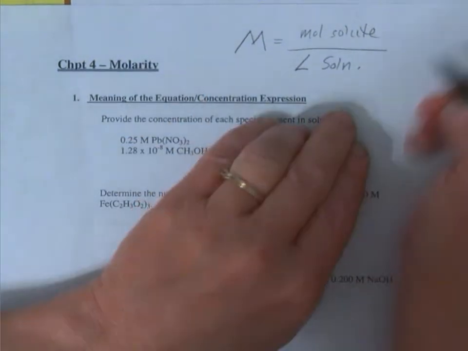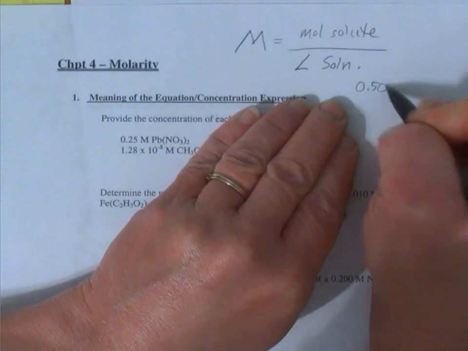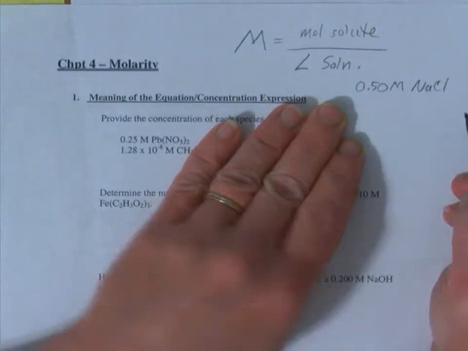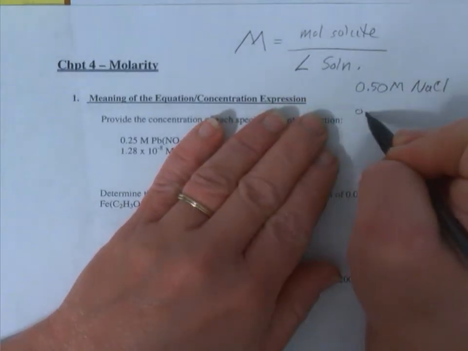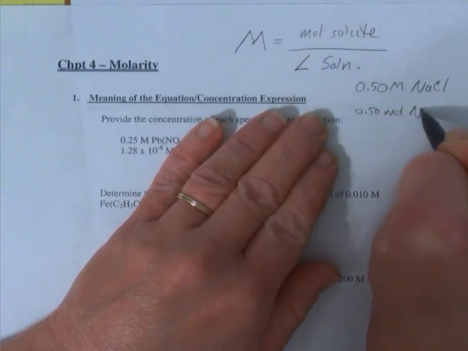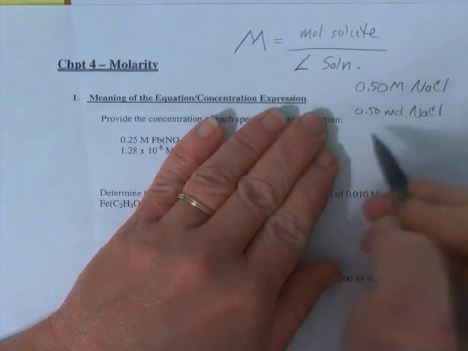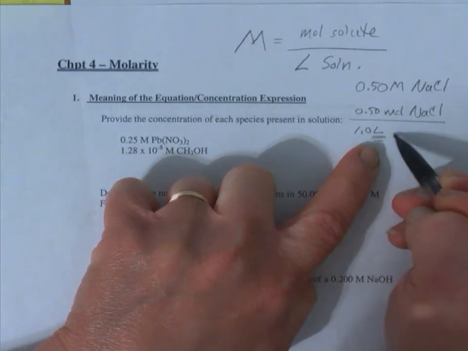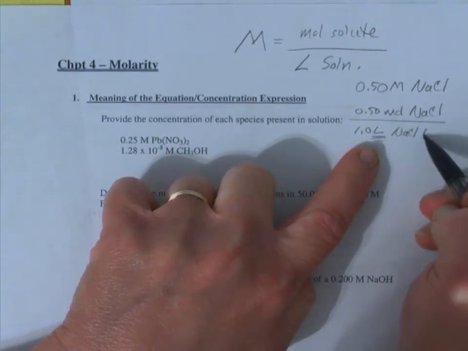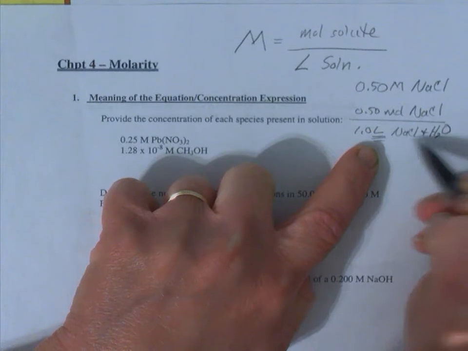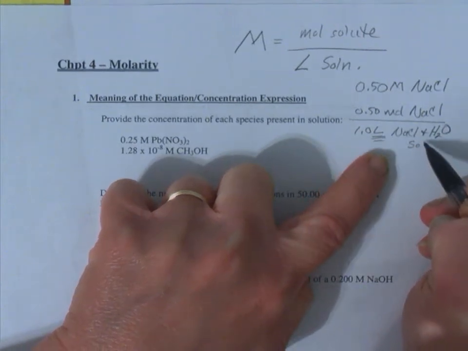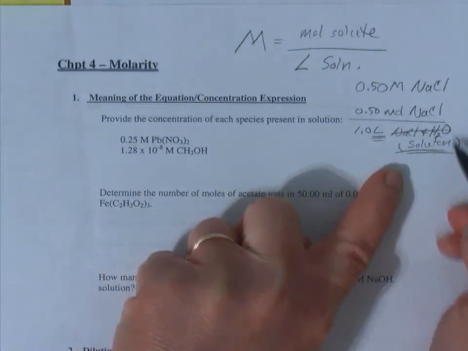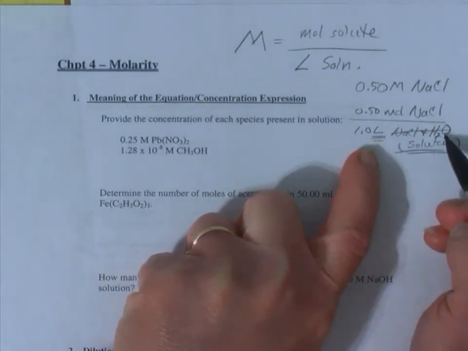So, if we have a 0.50 molar sodium chloride solution, that literally means there are 0.50 moles of sodium chloride per 1 liter total of solute and solvent volume. Okay, so it's not just volume of solvent, it's solute and solvent.